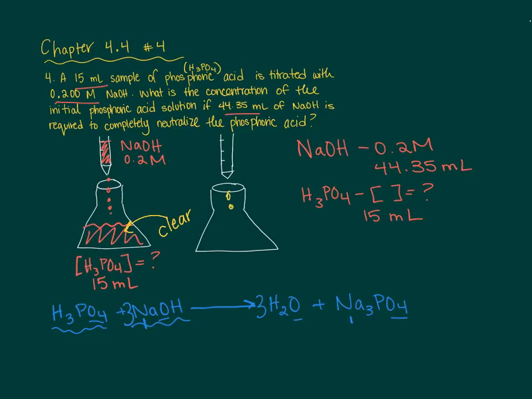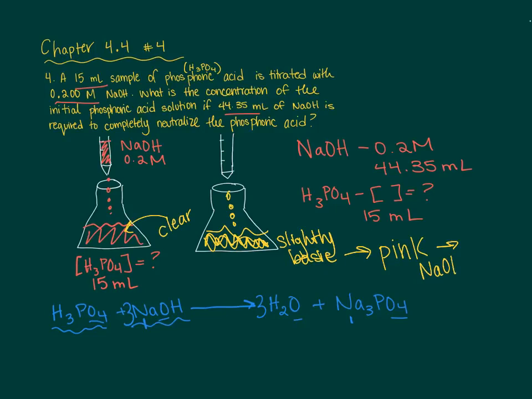However, once we add enough NaOH that you've neutralized all the acid, so it's at a neutral point, and then you add 1 more drop so it turns slightly basic, in the presence of a basic environment, this indicator turns pink. So once the solution turns pink, we know that is the volume amount of NaOH that is needed to neutralize the acid. That value of volume added was given in the problem, and it said it added 44.35 milliliters.